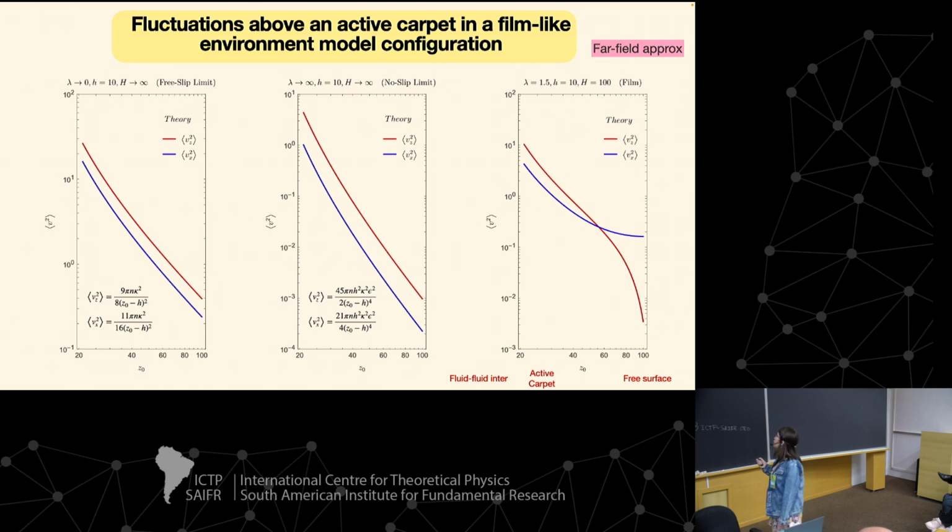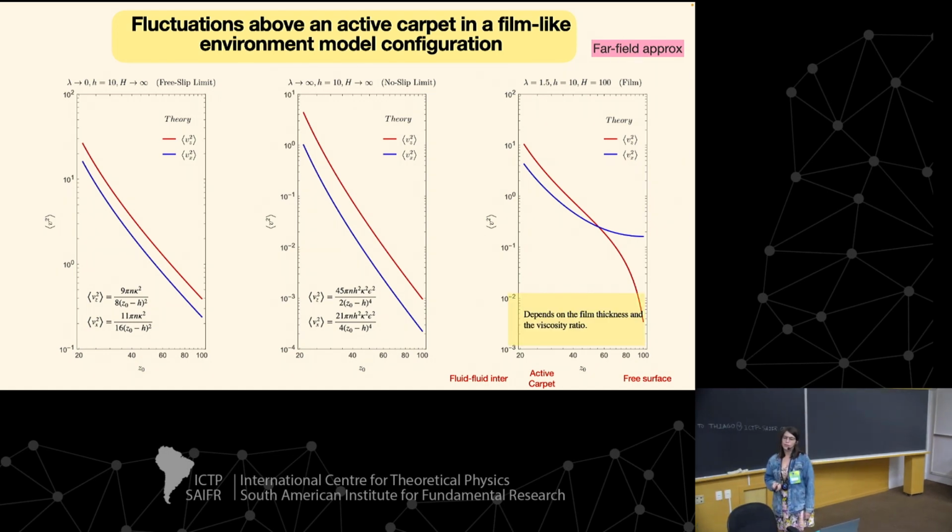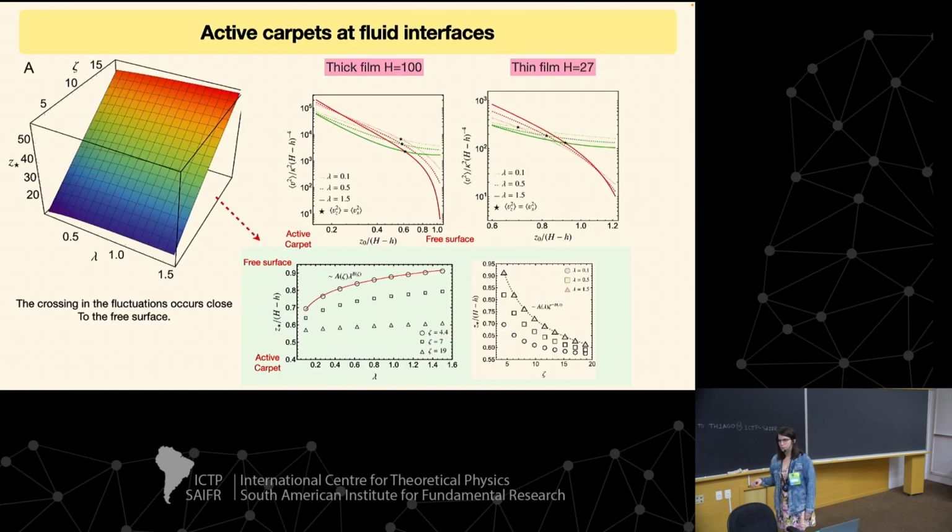Closer to the free surface, the fluctuations are larger in the horizontal direction than in the vertical direction. This is something new, and it might be important for the aggregation process, because now the parallel fluctuations are larger than the vertical ones, so the steering of the fluid is larger in this direction than in the vertical direction.